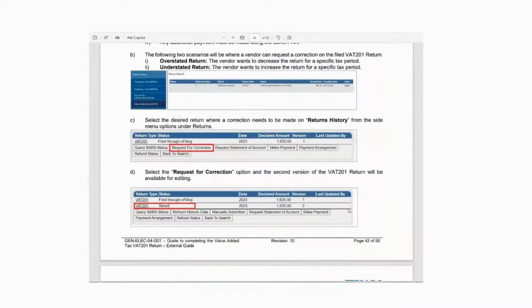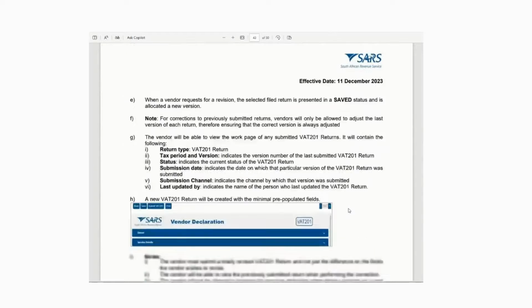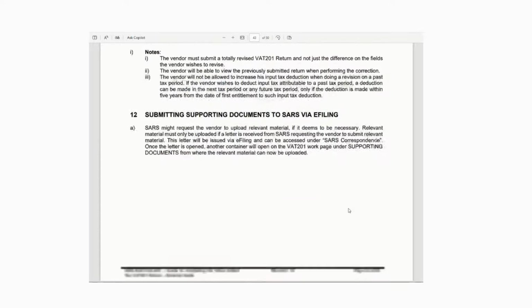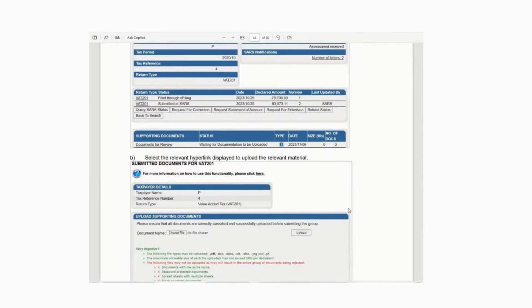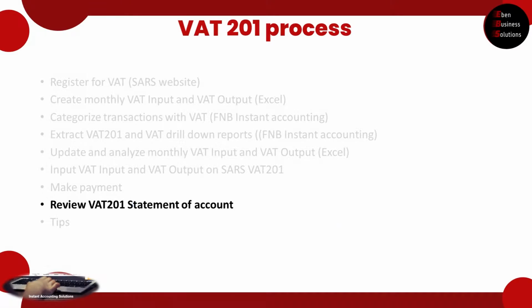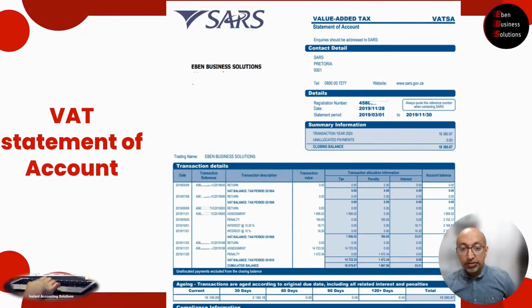Then there are other ways in which you can create corrections and add any supporting documents. You can request a statement of account for VAT, and this is what it looks like.